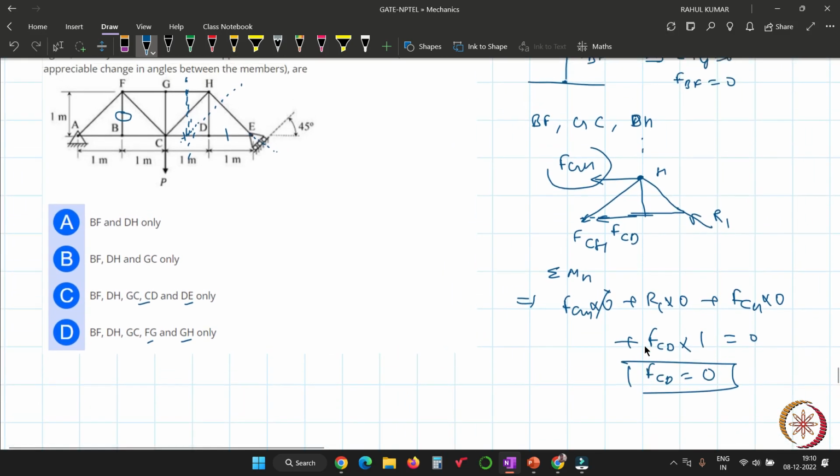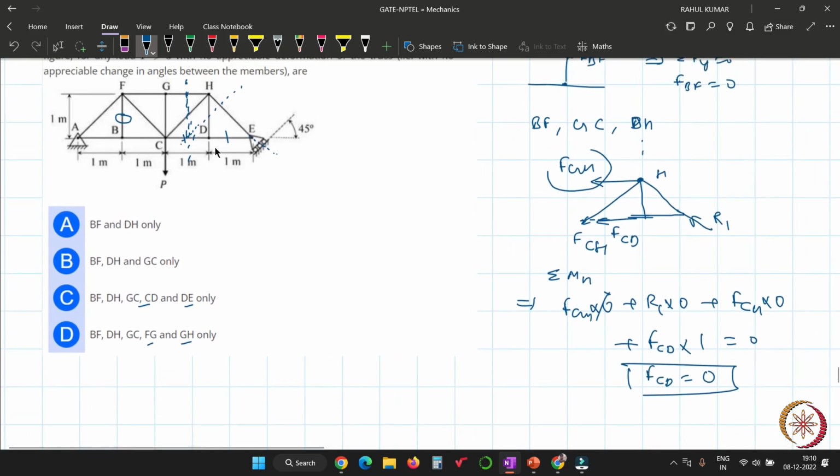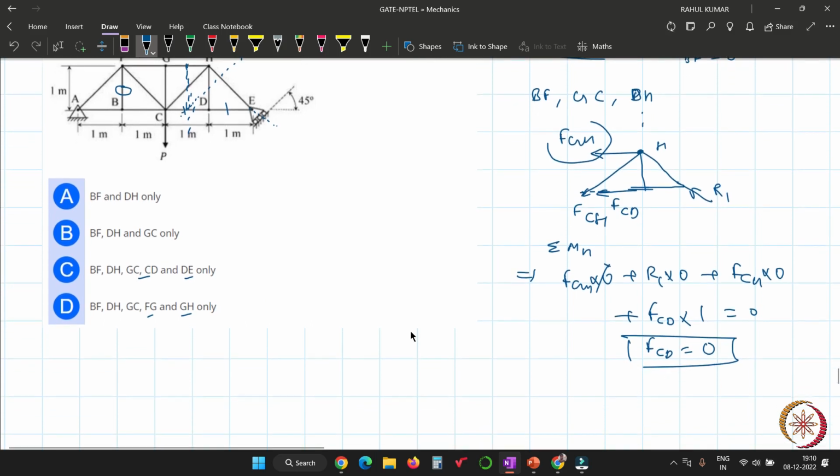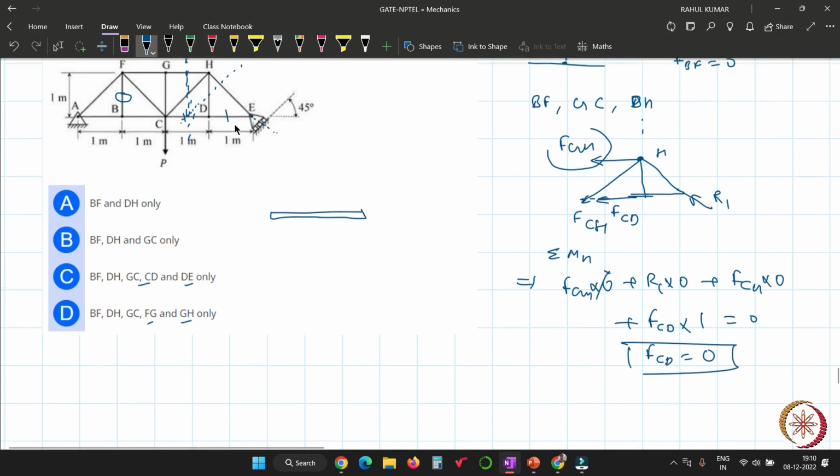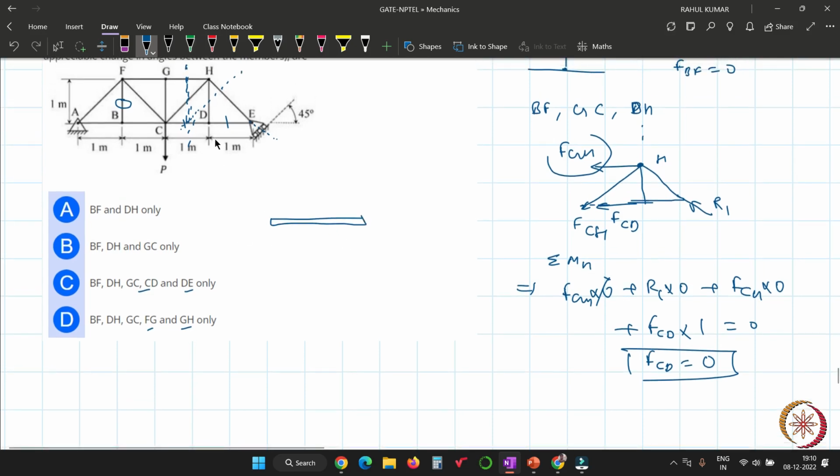Now you have to check FDE. If CD is equal to 0 and you draw the member here, the force in the member DH is already 0, so there is no meaning to write the forces by this member. Now you already have the force in member CD equal to 0, and here FDE.